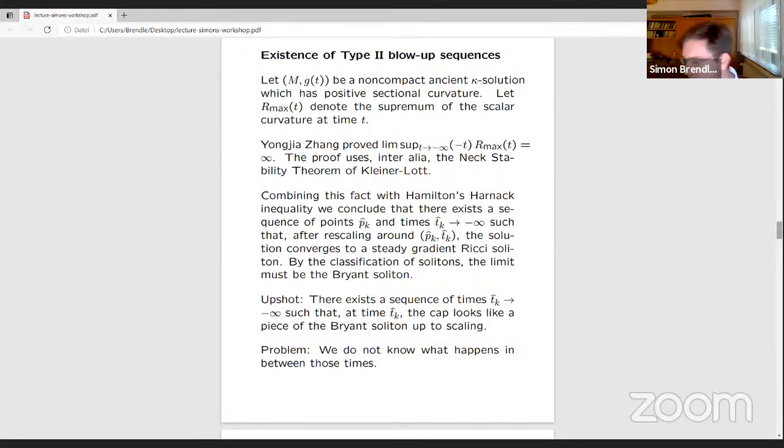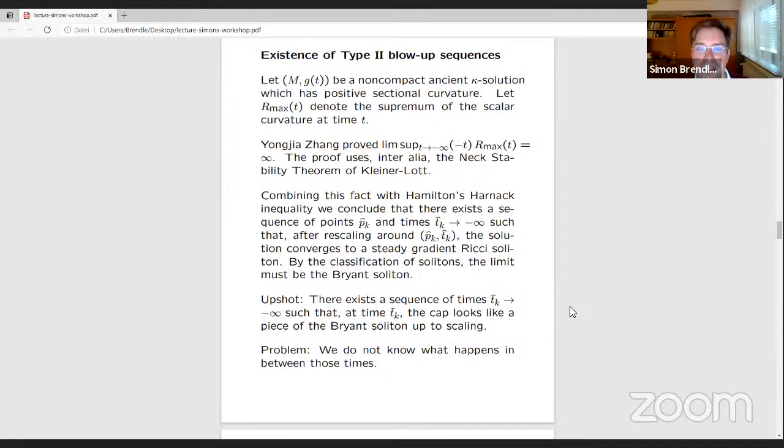That uses basically things from Perelman's work as well as the nexus stability form of Kleiner and Lott. In the mean curvature flow case, that statement is very easy to prove. In the Ricci flow case, it's more delicate, but you can nevertheless do that, and that is done by Yongjia Zhang.